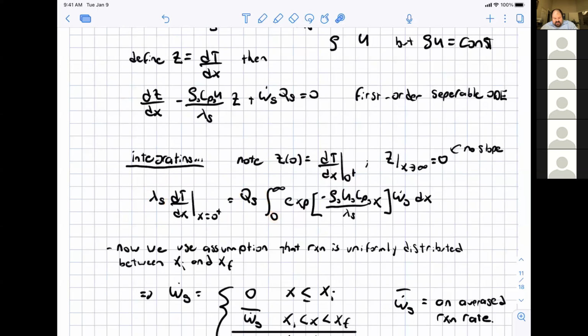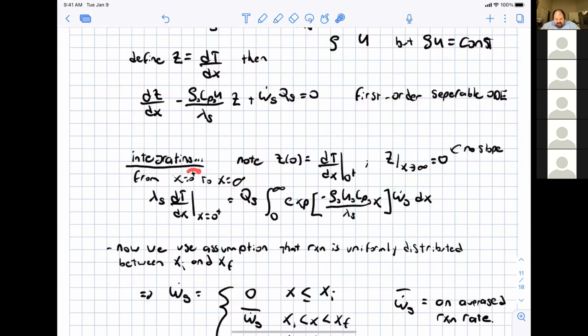and we are integrating from x equals 0 plus to x equals infinity. Because of the interface, when you are integrating and you start at the interface, you need to be careful of whether it's 0 plus or 0 minus, because that means you're starting from two completely different places.